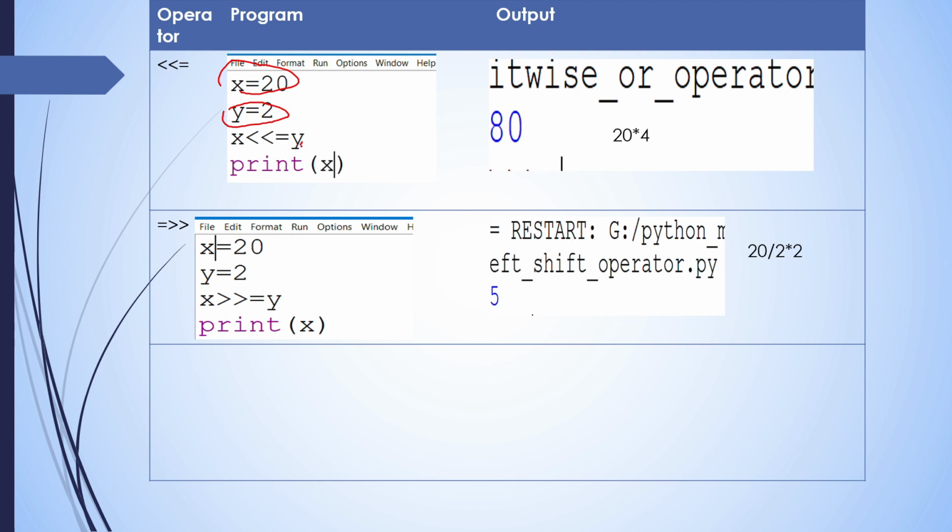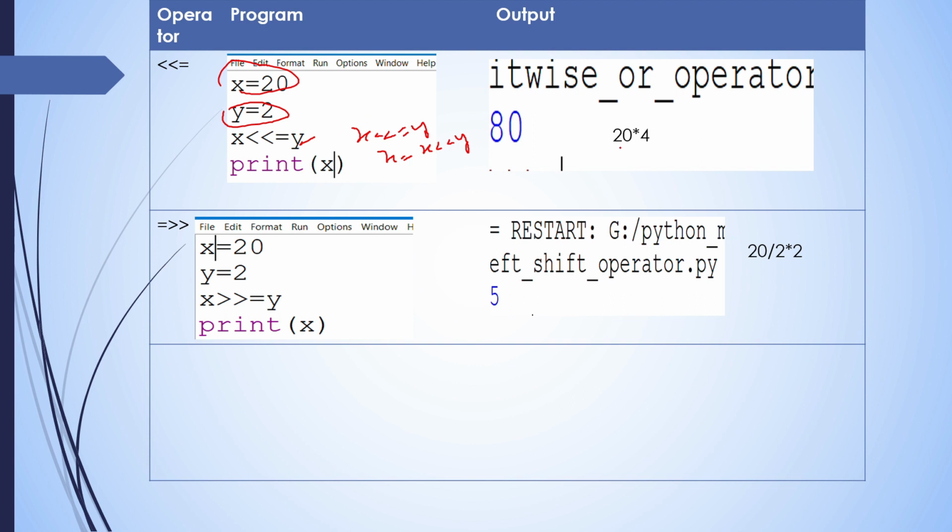So here the expression is x left shift assign y. When we write it, it means that x equals x left shift operator y, right?